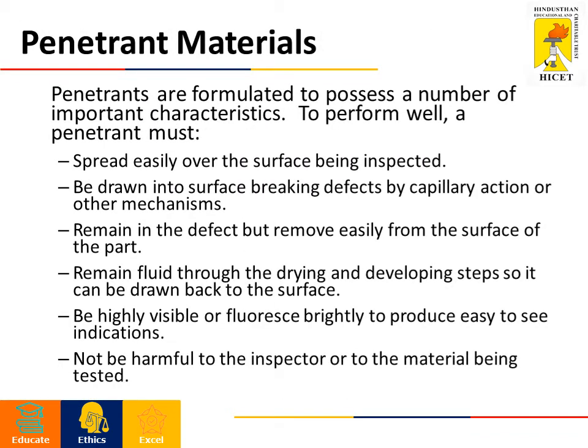The penetrant material should have low viscosity so it moves easily onto the component where the suspect area is, and the excess penetrant can be removed easily. It must be highly visible or fluorescent and should not be harmful to the inspector.